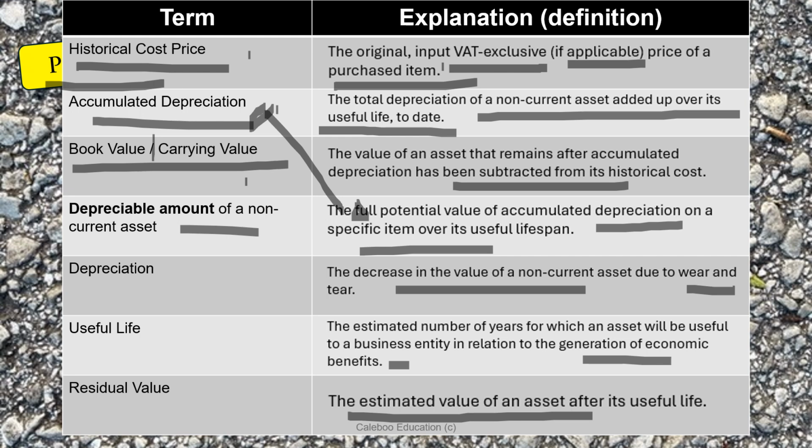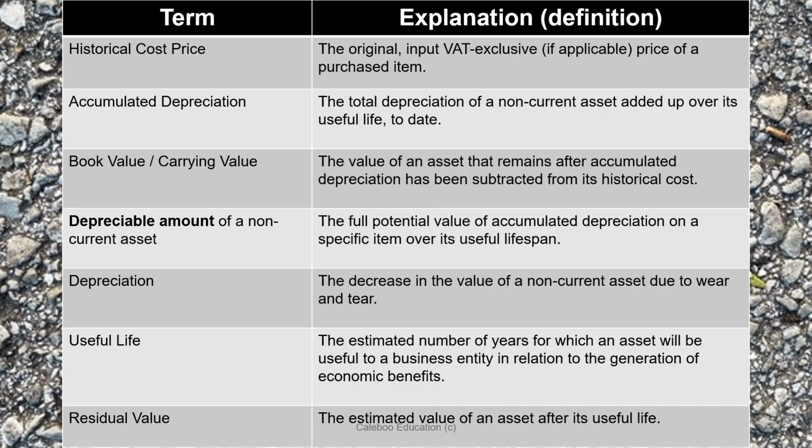The useful life of a delivery vehicle is 4 years. What is the estimated value of the vehicle after the 4 years? That's the residual value. That's just a summary. You can pause the video if you want and have a look at this PPE jargon terminology.